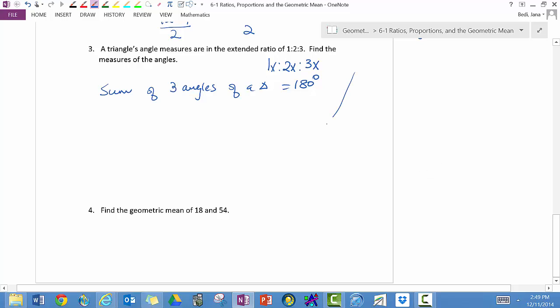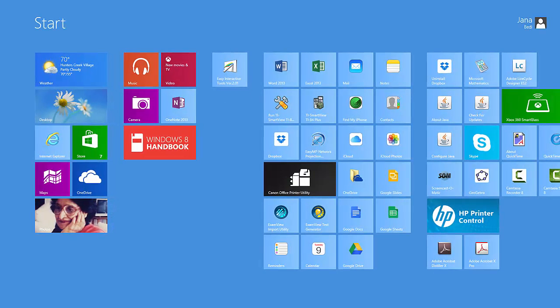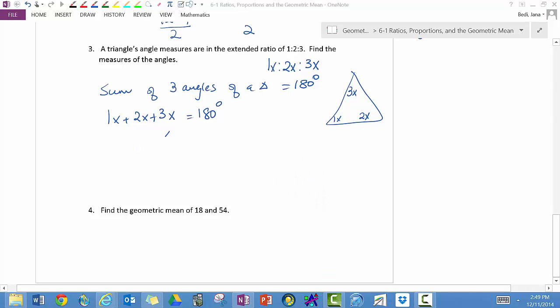So if I was to draw a picture like that, 1x, 2x, 3x, those are the angles, and if I add them up, 1x plus 2x plus 3x is equal to 180 degrees. I get 6x is equal to 180 degrees. Divide both sides by 6 and get x is equal to 30 degrees.